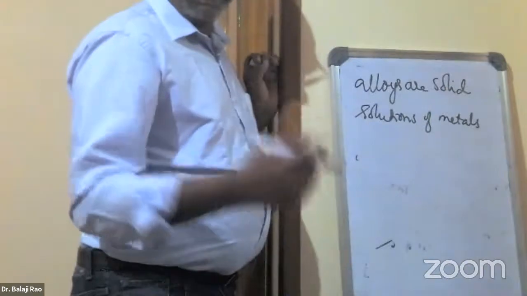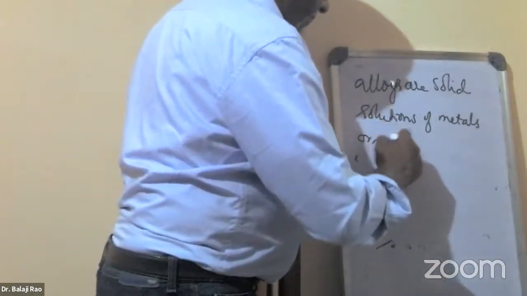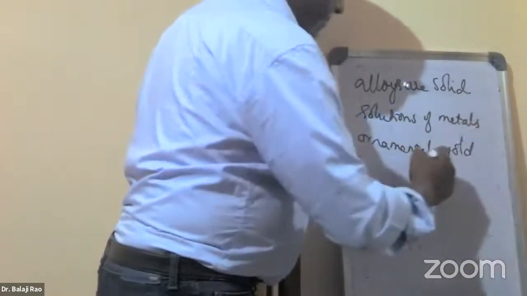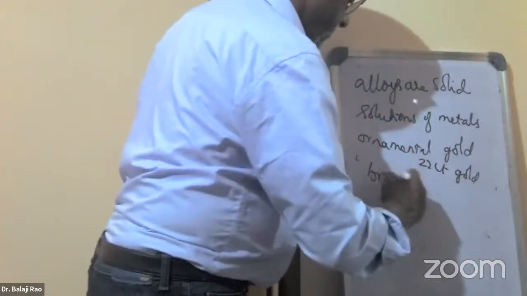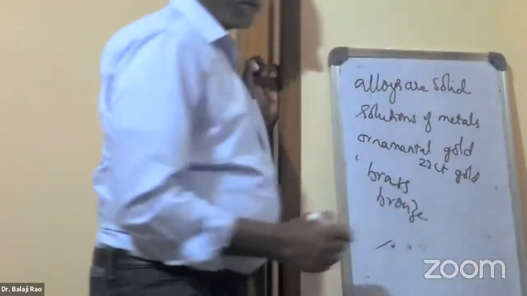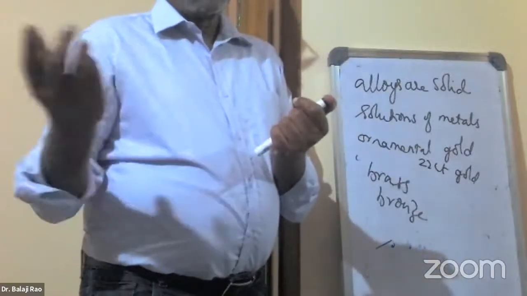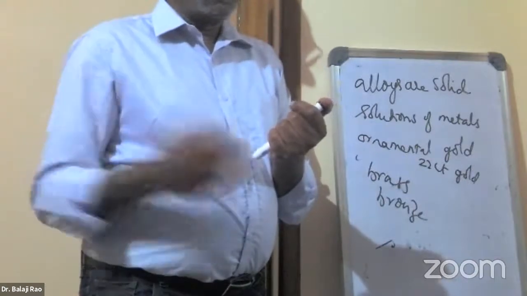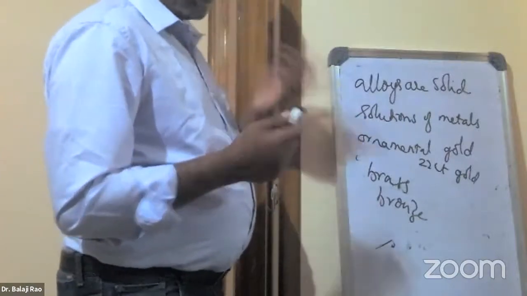The normally given examples for solid solutions are ornamental gold. We call this 22 karat gold. We have brass, we have bronze, and so on and so forth. You have bell metal, and there's one more variety of metal called silver. What is that called? Ever silver or something like that.